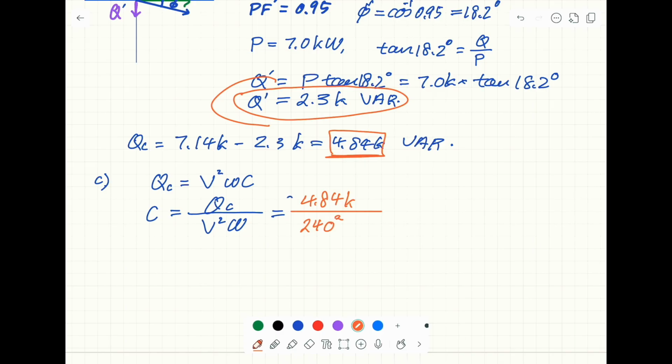They're all the same. Multiply omega, 2 pi f. With f at 50 Hertz, you will find this is 268 microfarads.